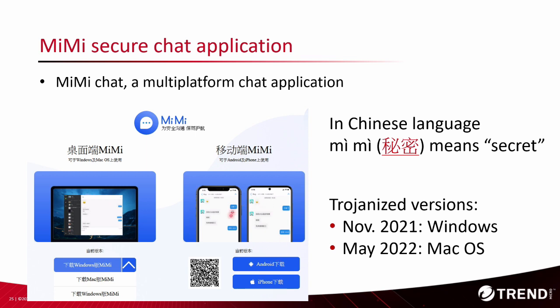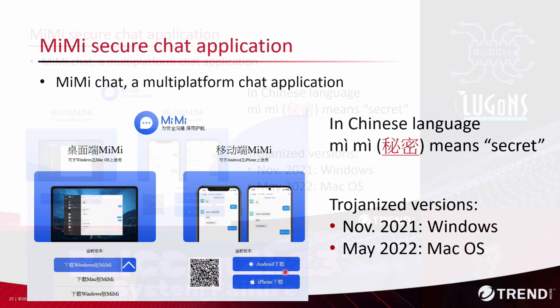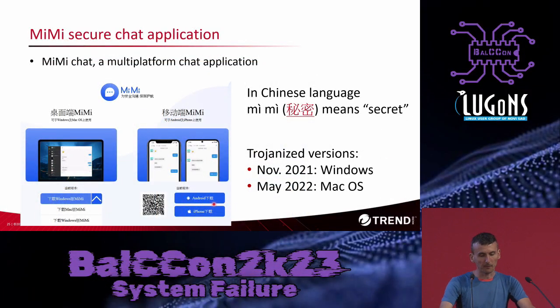And on the right, there are mobile versions, Android and iOS, and we haven't found anything malicious in the mobile versions, because the desktop versions, macOS and Windows, were written in the Electron framework.